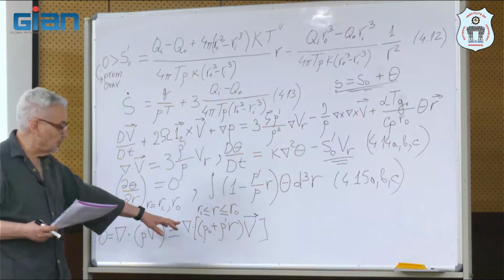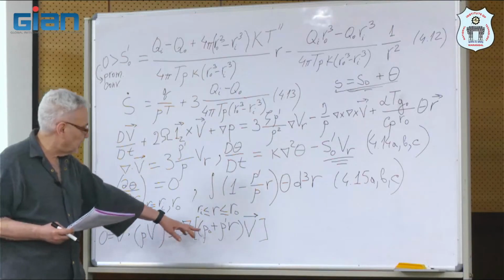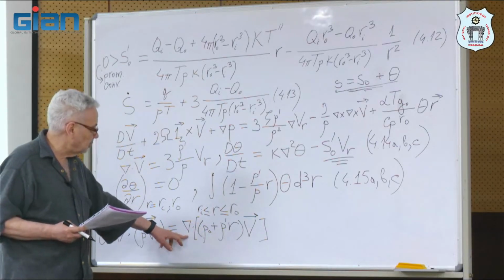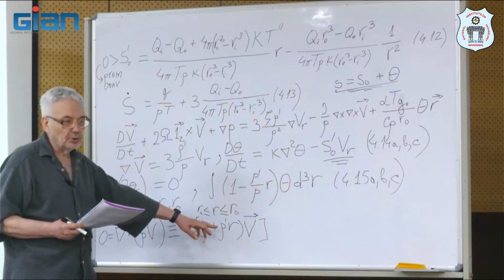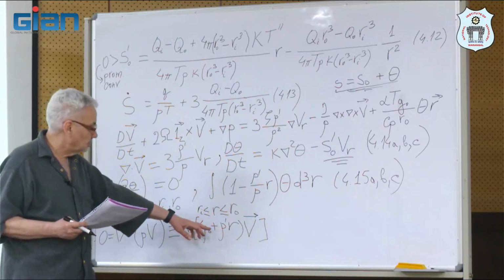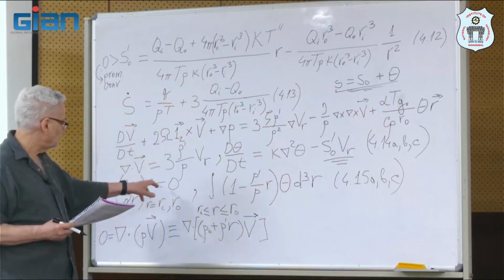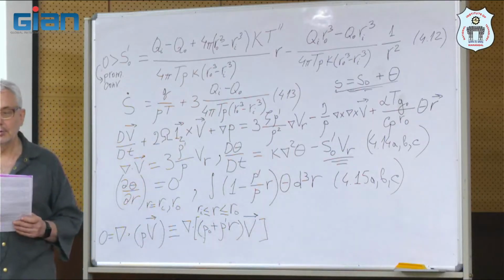If we open all the brackets and act with the operator nabla only on r, because only r is acting here, we get this one.